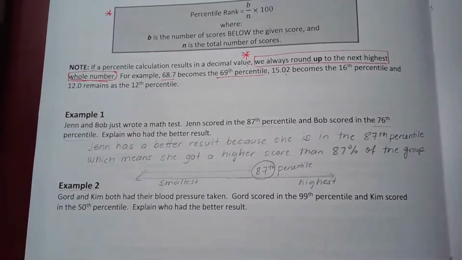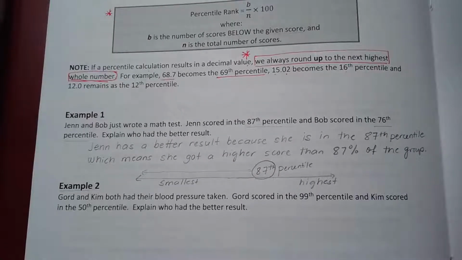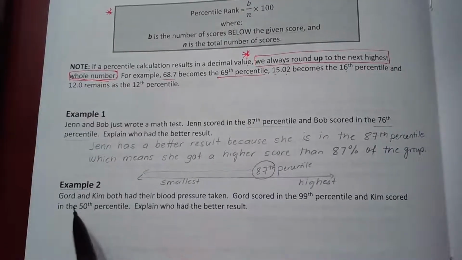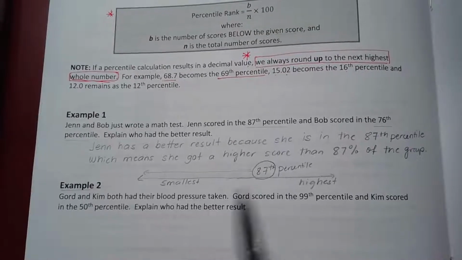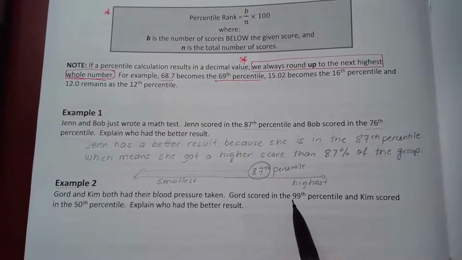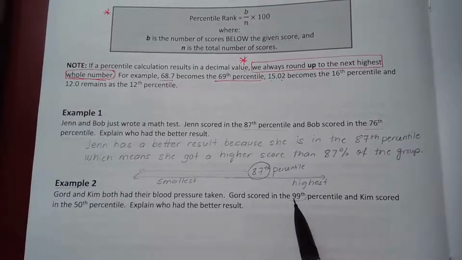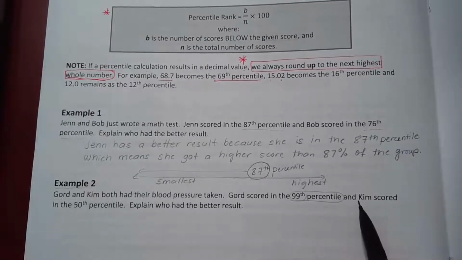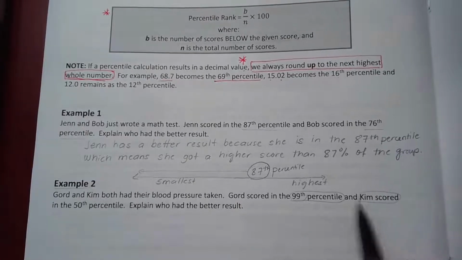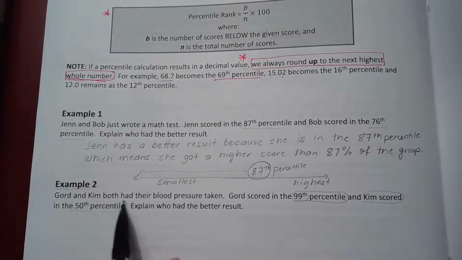Okay. Now let's get into example number 2. Gord and Kim both had their blood pressure taken. Gord scored 99th percentile, and Kim scored 50th percentile.